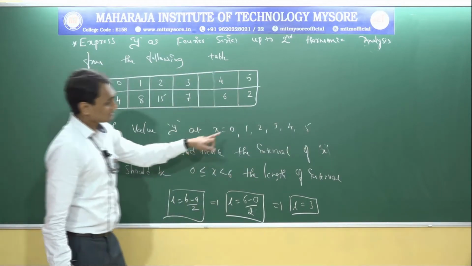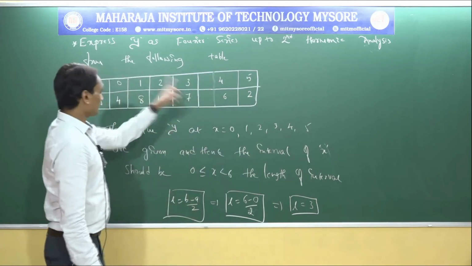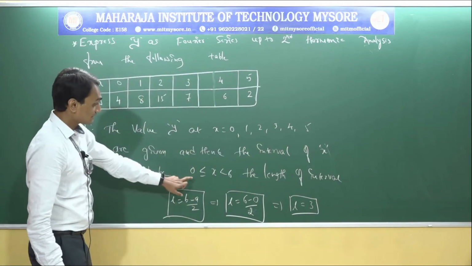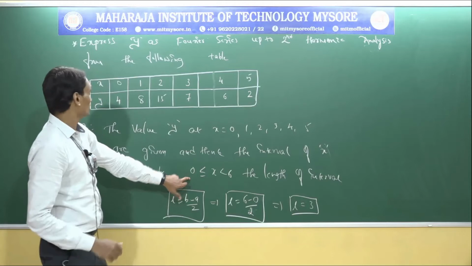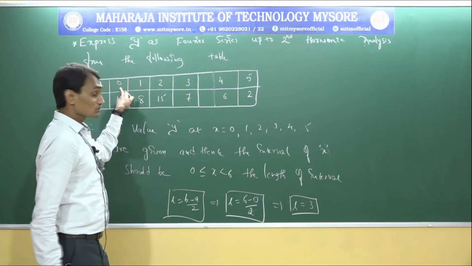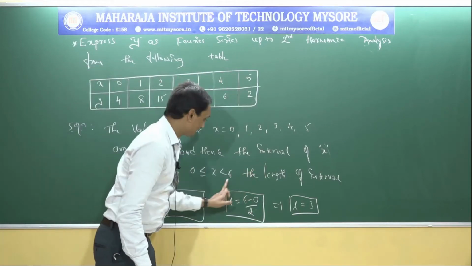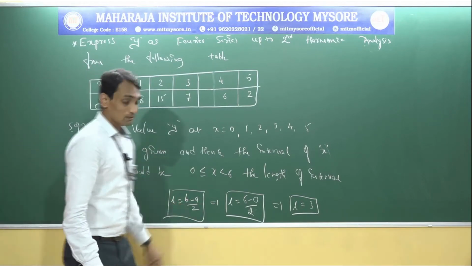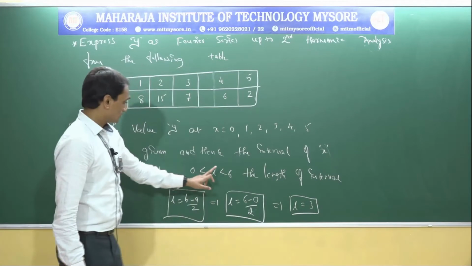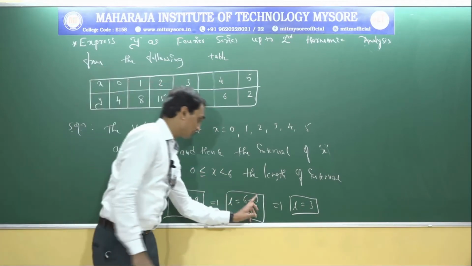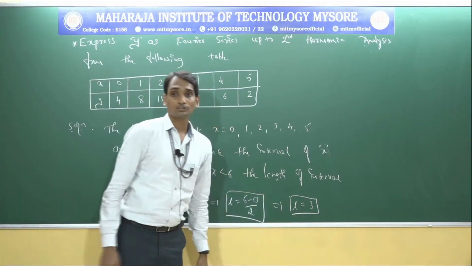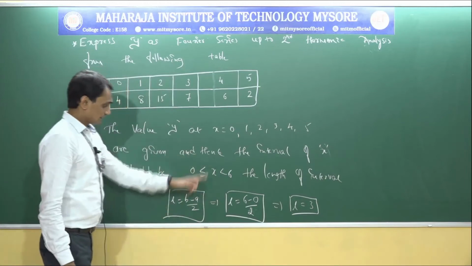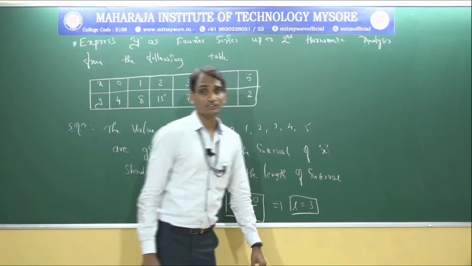Hence the interval of x lies with x greater than or equal to 0, but it should be less than 6. The length of the interval is L equal to (b minus a) divided by 2, that is 6 minus 0 divided by 2, L equal to 3. Now the length of the interval, the L value, is calculated.